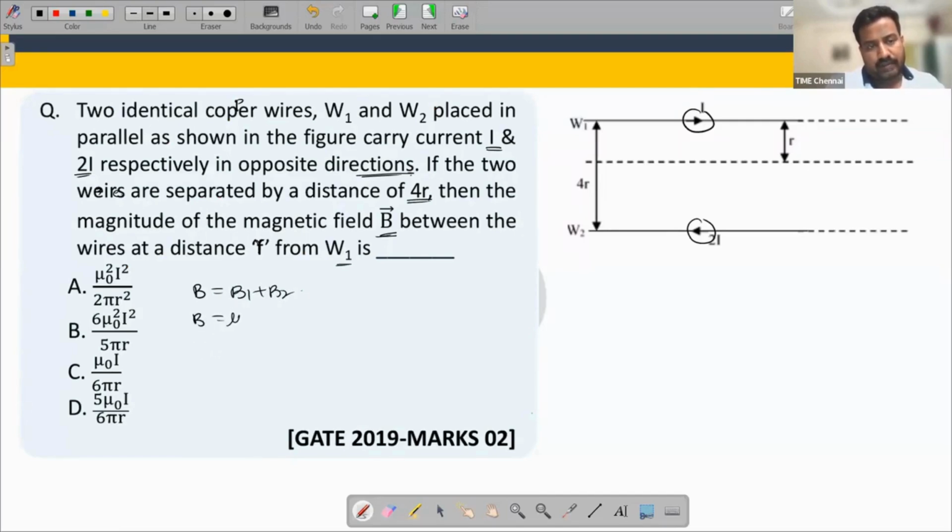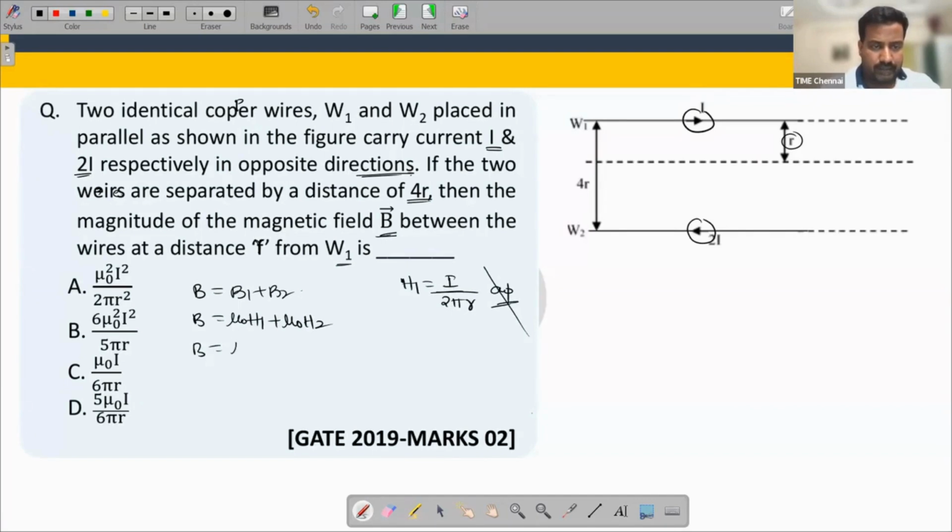B1 is mu naught I by 2 pi r, infinite line concept, into direction a phi, but I am not concerned about the direction.